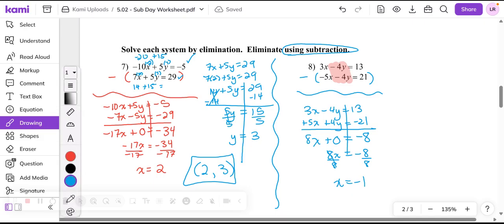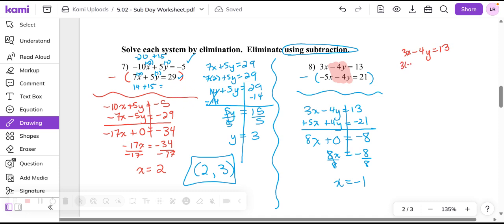Now from here, I need to plug it back in. And I'm going to go ahead and choose the top equation. So I have 3x minus 4y equals 13. My answer for x is negative 1. Three times negative 1 is negative 3.